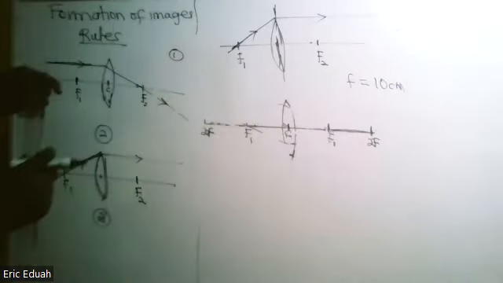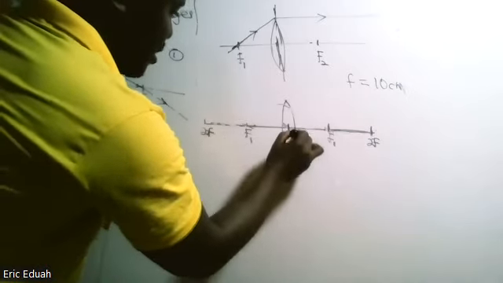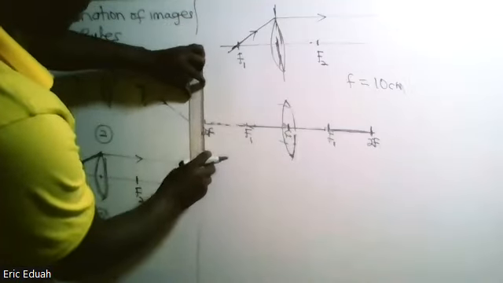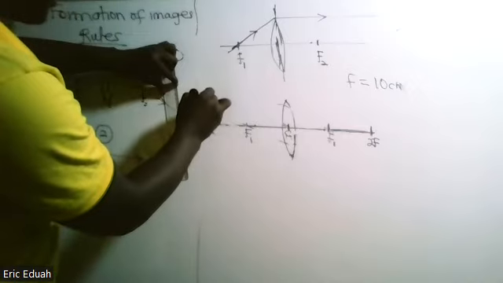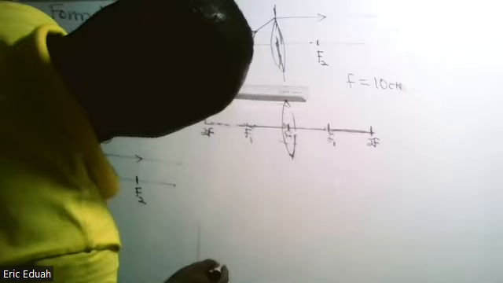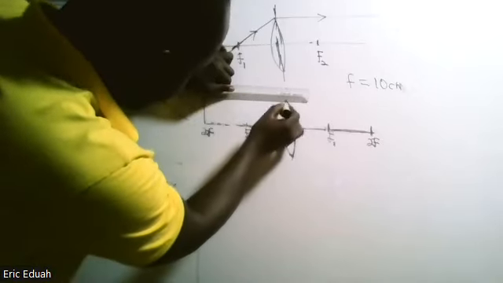Good. So I've taken my measurements again. We are placing the object at the center of curvature. We are using ray diagram to describe the nature of the image formed.